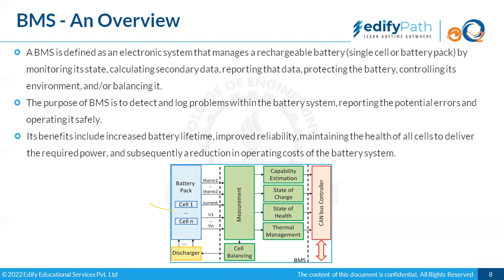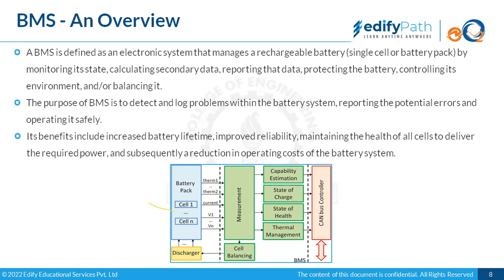There is also a CAN bus controller. Through the CAN bus controller, you can receive data. That could be done with the help of a cable, where you can download the data, or there could be a provision where a device is installed that gives you data remotely.